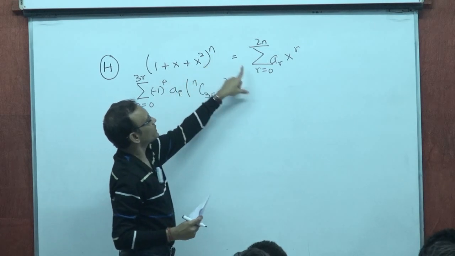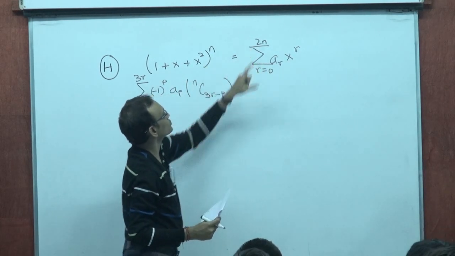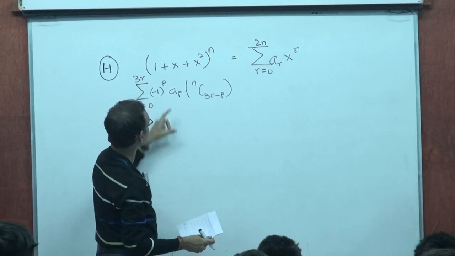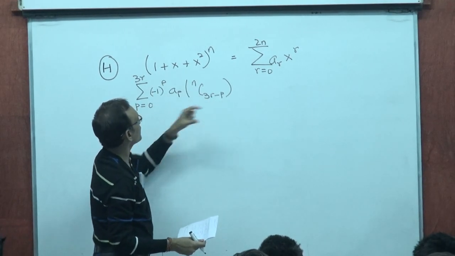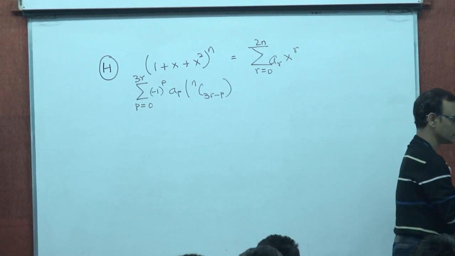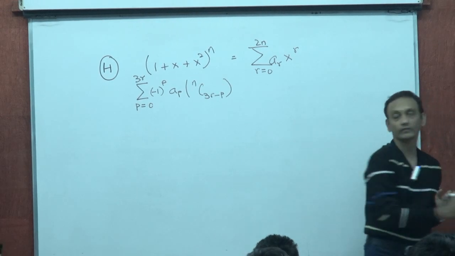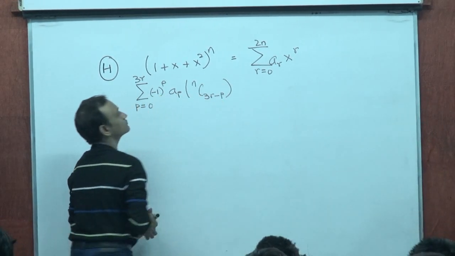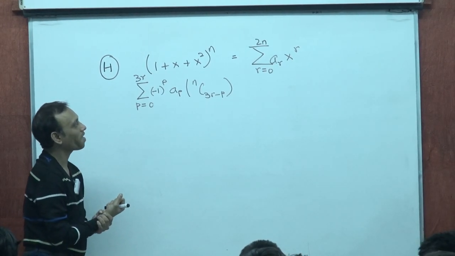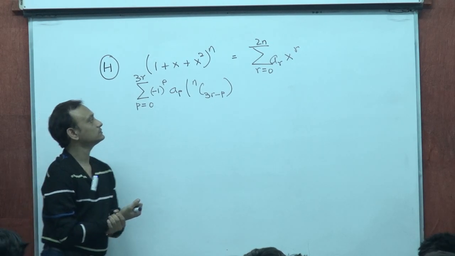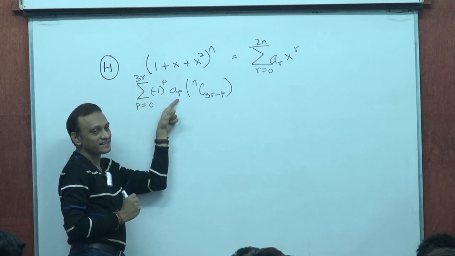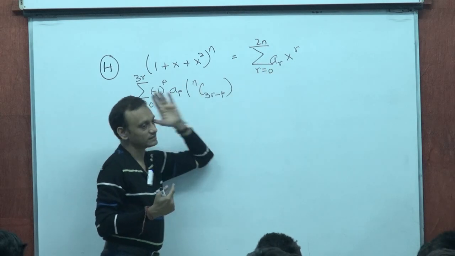Given (1 + x^2)^n is the summation of AR x^r, r equal to 0 to n, we want to be able to find the value of (-1)^p AP nC(3r - p). Now, AP is really the coefficient of x^p in this, isn't it?